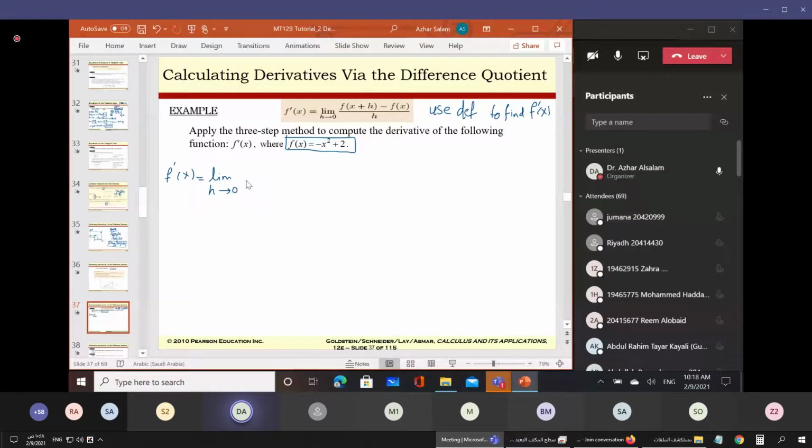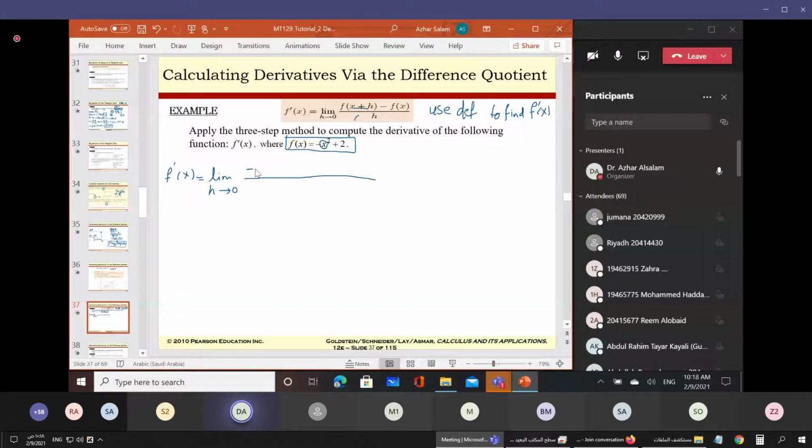First I will substitute in f by x plus h. So only this x, I will replace by x plus h. I will find this first, then I will put minus f of x.